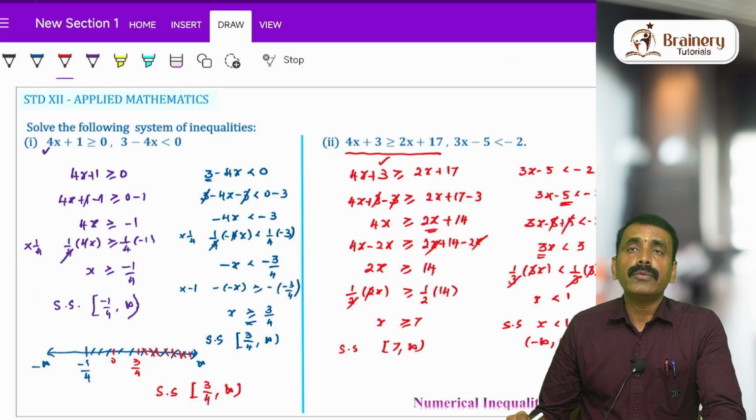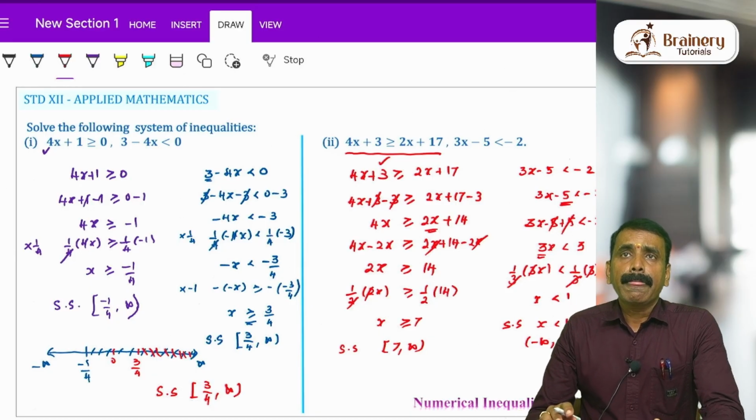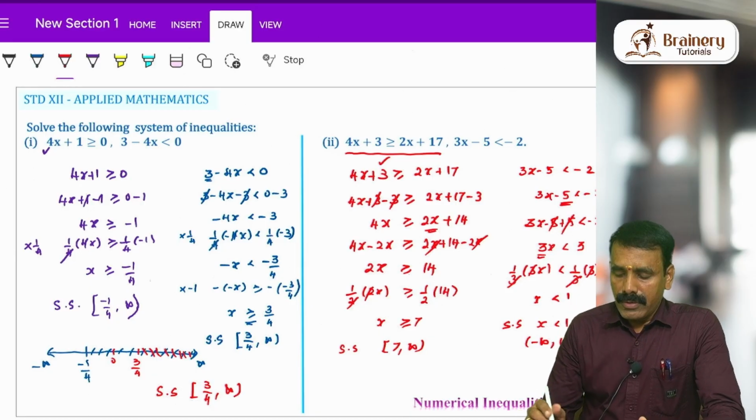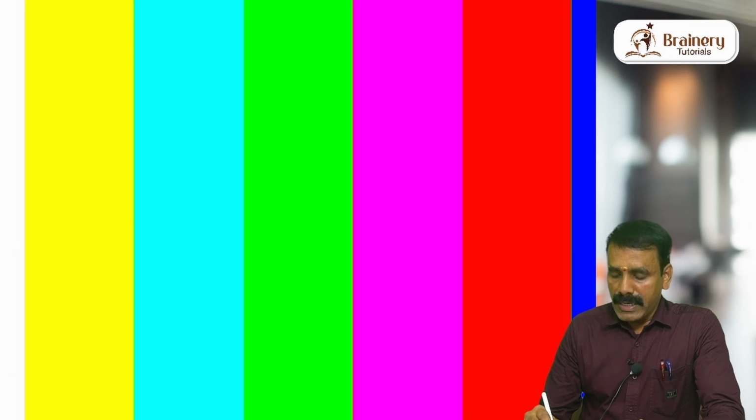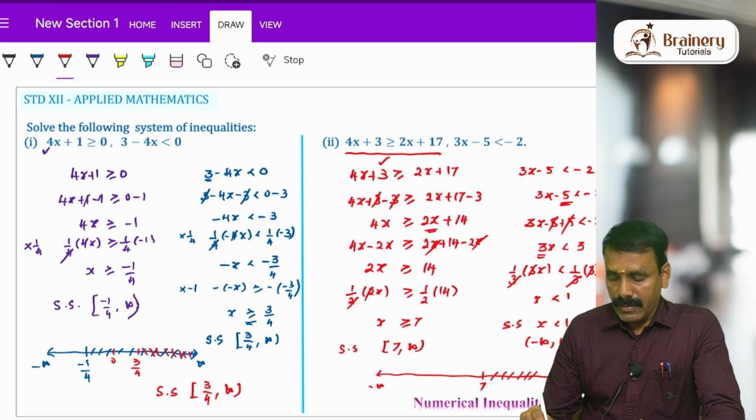We try to find the common solution set. Okay. So we try to draw the diagram. One is minus to plus infinity marked with the 7. Okay. 7 to infinity means to the right side of 7. This is the first thing.